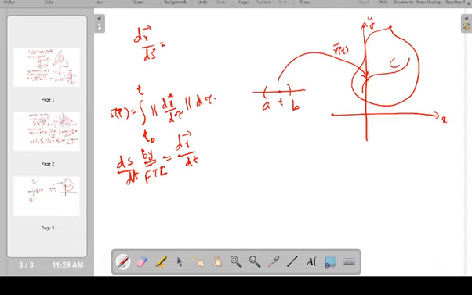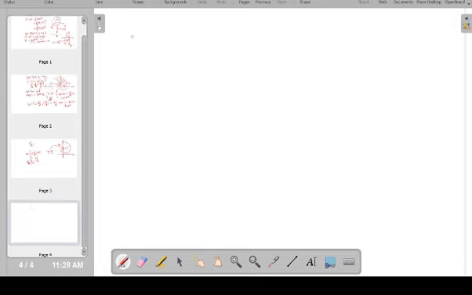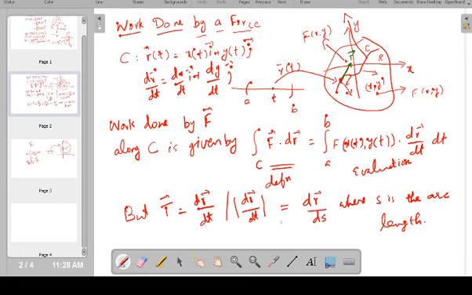So let us substitute here. This norm of dr by dt is precisely ds by dt.